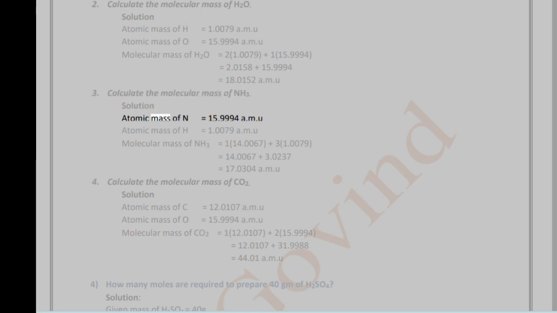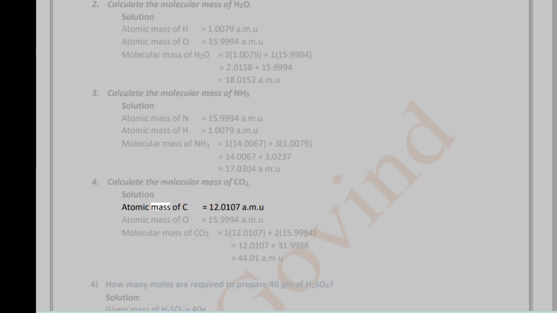Solution: atomic mass of N equals 14.0067 a.m.u. Atomic mass of H equals 1.0079 a.m.u. Molecular mass of NH3 equals 1 × 14.0067 + 3 × 1.0079 equals 14.0067 + 3.0237 equals 17.0304 a.m.u.